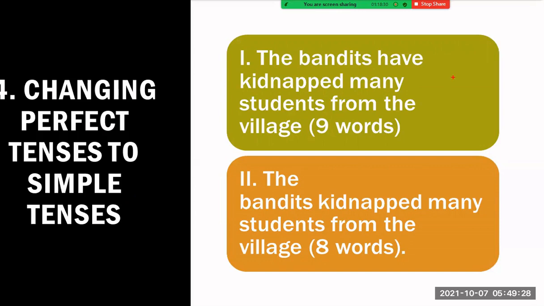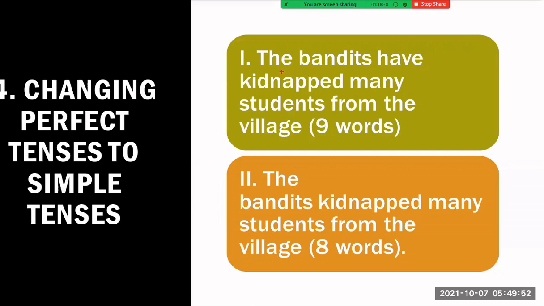And once you remove those unnecessary words and change the perfect tenses into the simple tenses, that will help you in reducing words. But here, we may not have other unnecessary words, but we look at how to change the perfect tense into the simple tense.